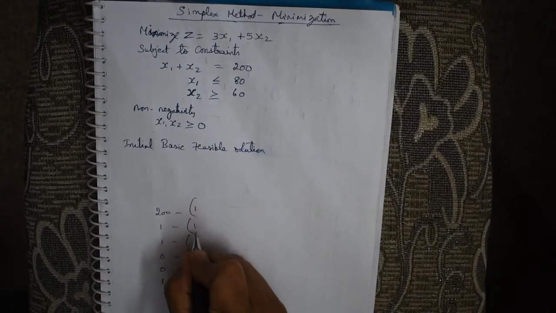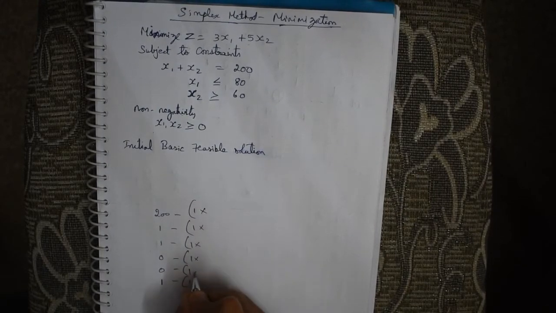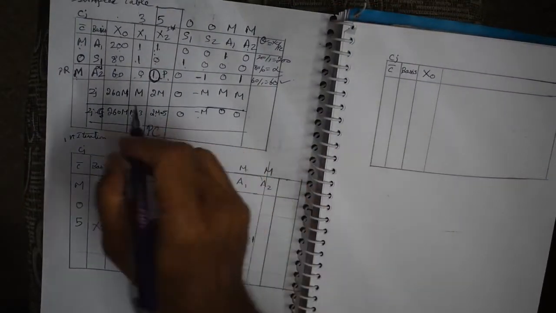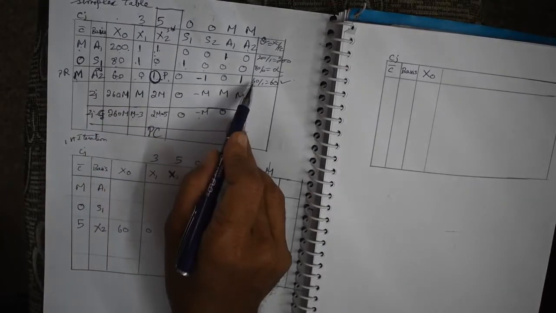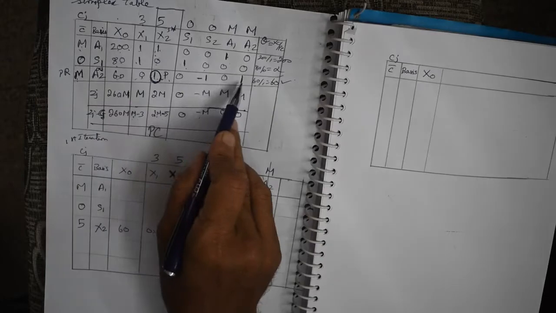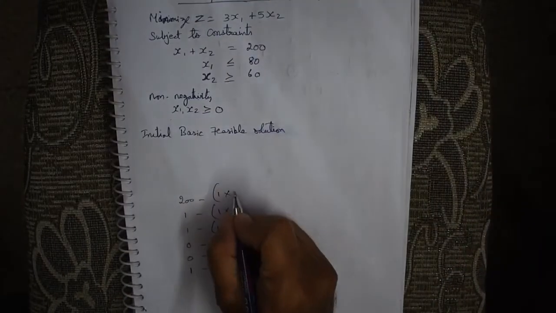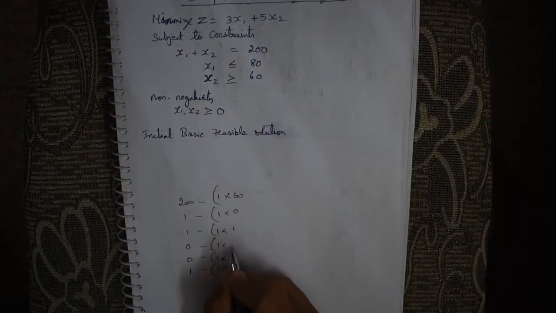So for all it is going to be 1 into the respective PR. The PR row is here: 60, 0, 1, 0, minus 1, 0.